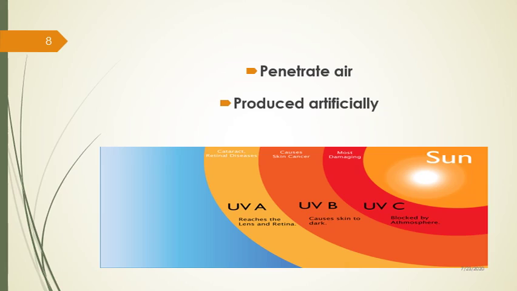UV lights can be turned on when the rooms are not in use. We must take care that UV lights are turned off when we are using the room or the working place where the UV lamps are placed. Ultraviolet radiation can be produced artificially by mercury vapor lamps.